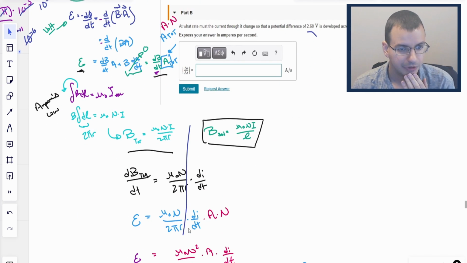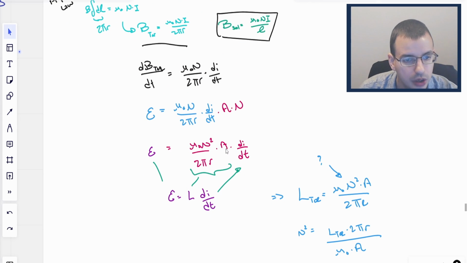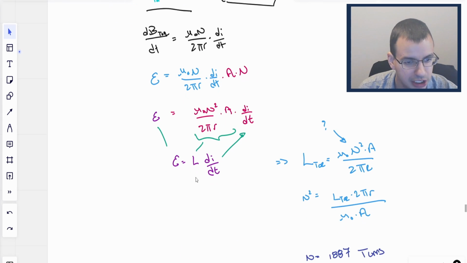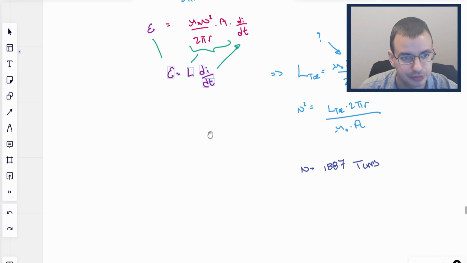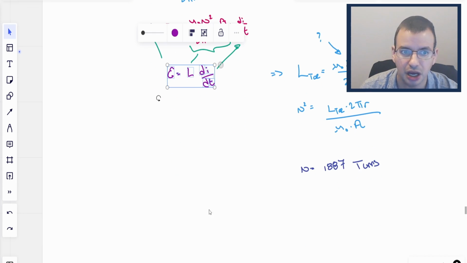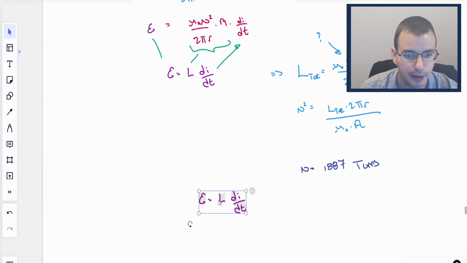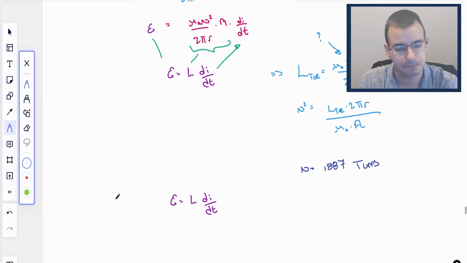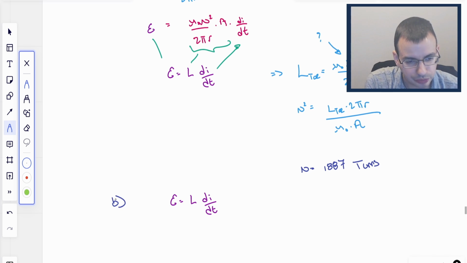Okay, so for this problem, we are just going to go straight to this equation right here. So this is the definition of inductance, and we want to know di dt.